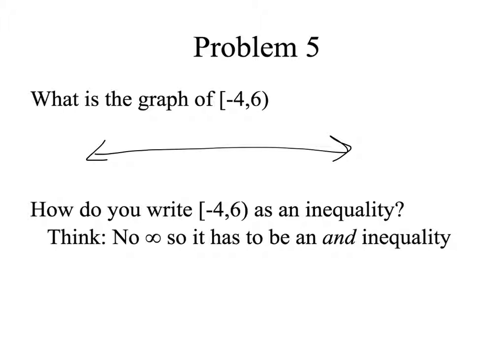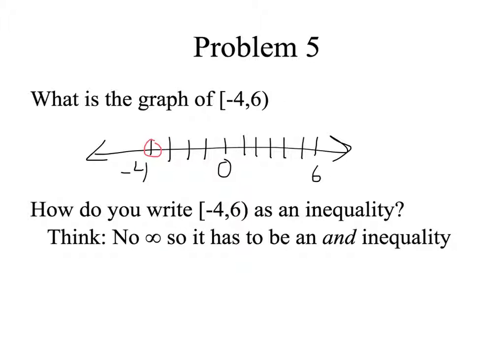So if -4 is our left boundary, we're going from -4 and then we're ending at +6. So -4, -3, -2, -1, 0, 1, 2, 3, 4, 5, 6. And I don't write all the numbers, I just make sure I have the spaces. Okay, so we definitely have a circle at -4.